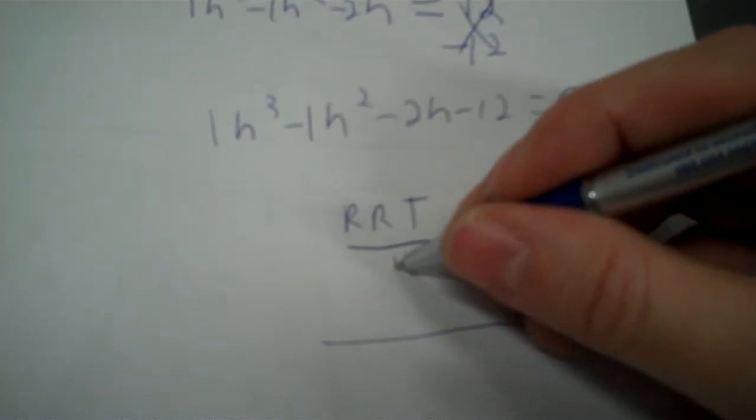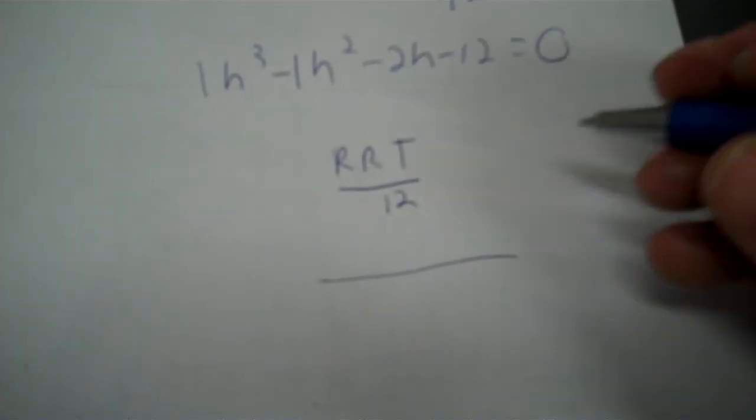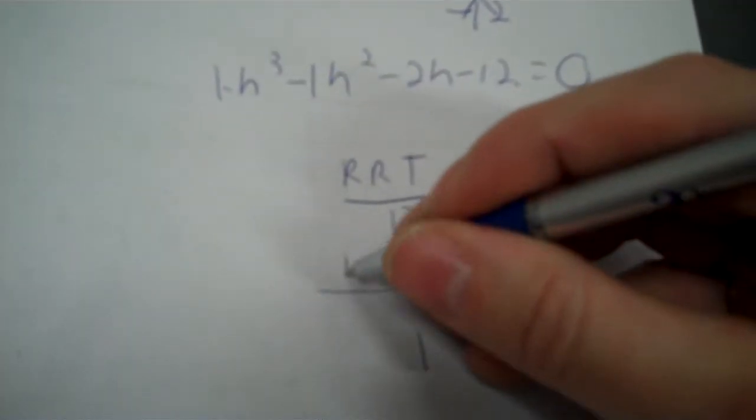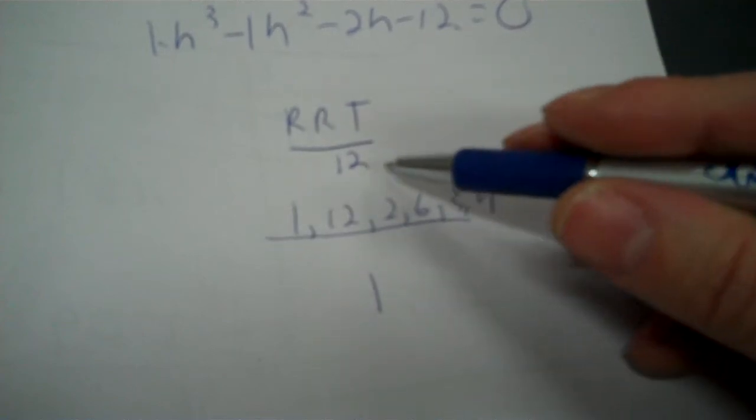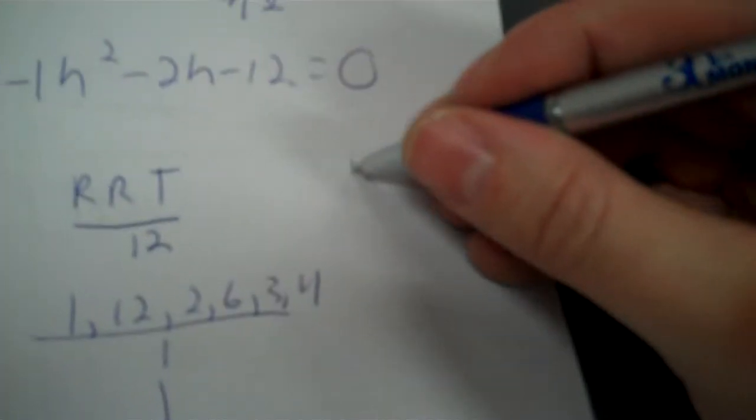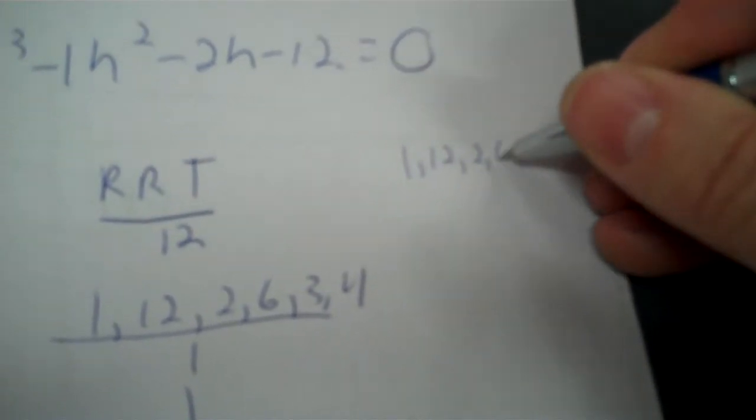So you got 12. Don't worry about 12 being a negative. And then 1 in the front. This over this. 1, 12, 2, 6, 3, 4. Factors of 12. Divide by 1 is 12, divide by 2 is 6, divide by 3 is 4. Okay, so that makes 1, 12, 2, 6, 3, and 4 my possibilities.